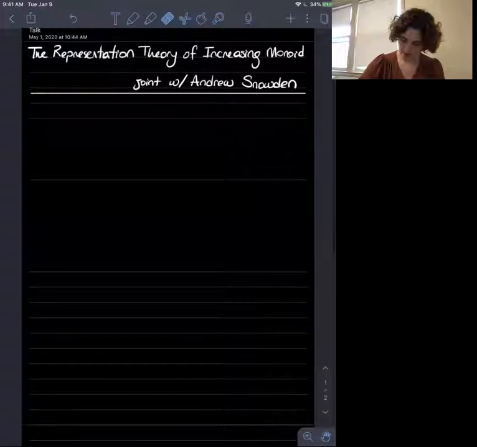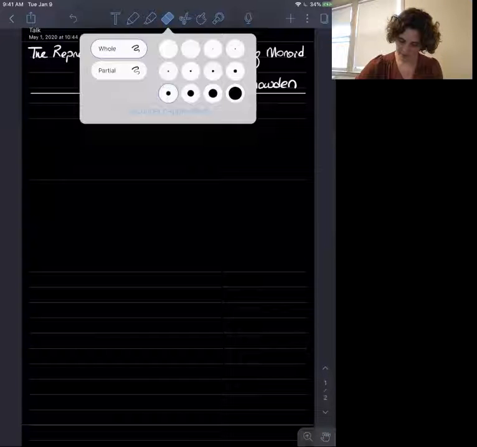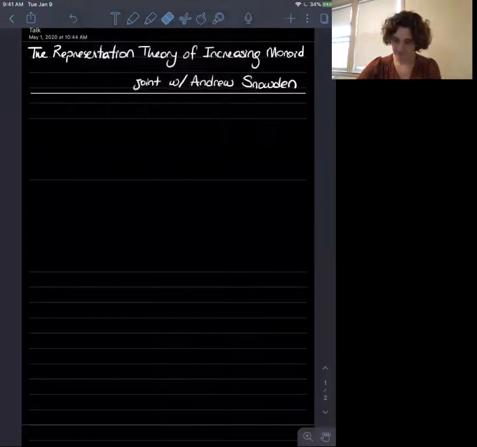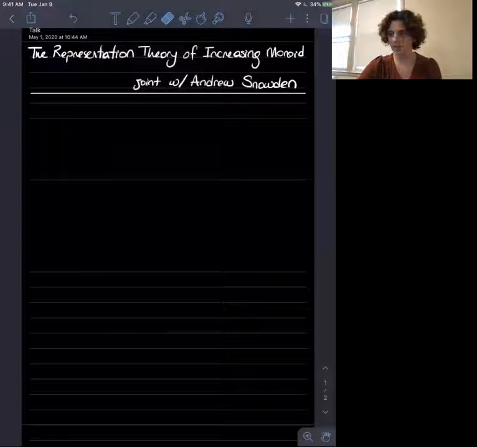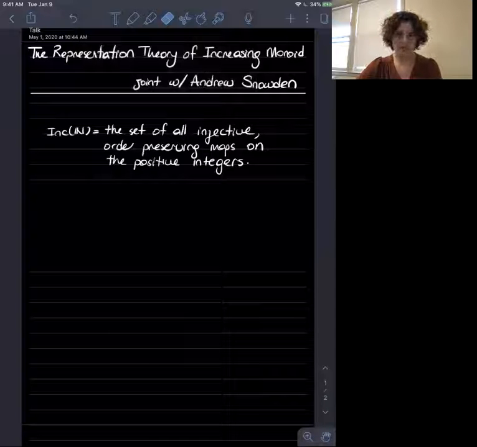Okay, so as you can see from the title, I just want to start with the definitions of the increasing monoid. The reason I say definitions is because I will define two versions. The first version is basically the big version, when you think of all possible injective order preserving maps defined on the positive integers.